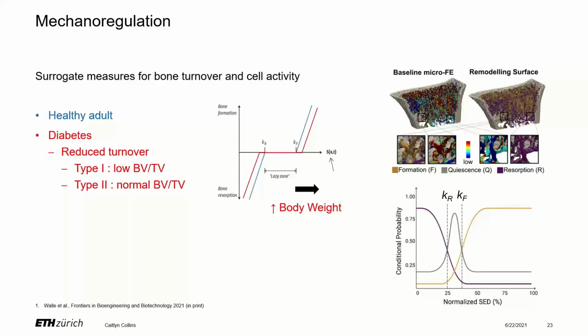And we can see that when we match for body weight, this difference does tend to narrow. So body weight definitely plays a role in how our bone responds, and it seems to be a key factor in diabetic patients.